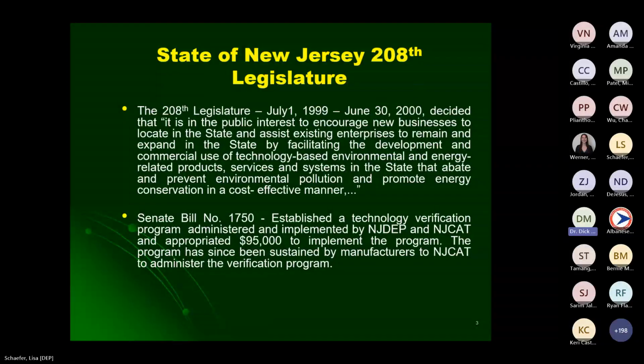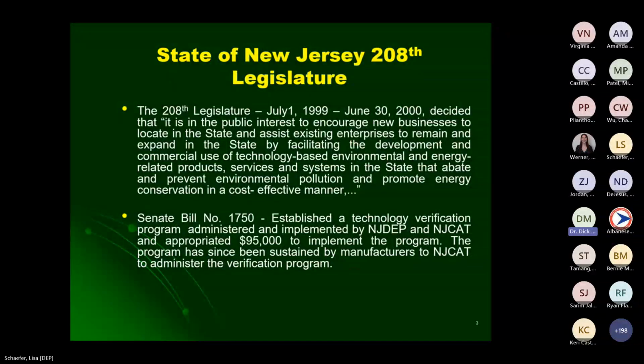This whole exercise started back in the late 1990s when then Commissioner Shin, former Governor Florio, and Stevens Technology President Hal Raveché agreed that there ought to be a program to promote the development and promotion of innovative energy and environmental technologies, IEETs. That led to some legislation.